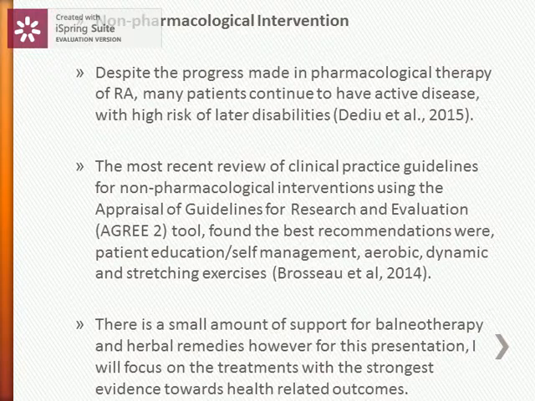The most recent review of clinical practice guidelines for non-pharmacological interventions, using the Appraisal of Guidelines for Research and Evaluation tool, found the best recommendations were patient education, self-management, aerobic, dynamic, and stretching exercises. There is a small amount of support for balneotherapy and herbal remedies. However, for this presentation, I will focus on the treatments with the strongest evidence towards health-related outcomes.